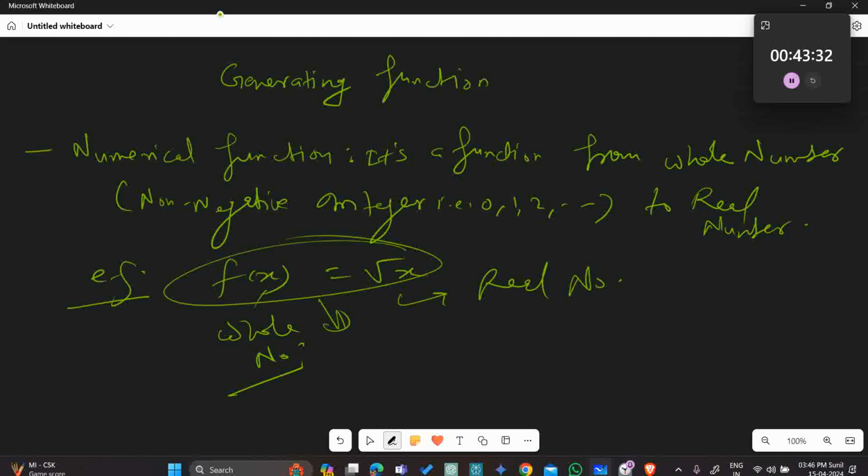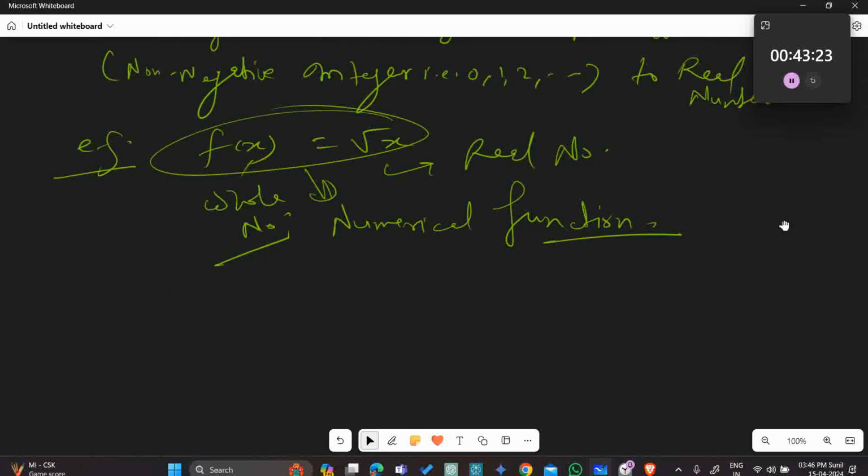And a numerical function is represented as a of r, where r is a whole number.